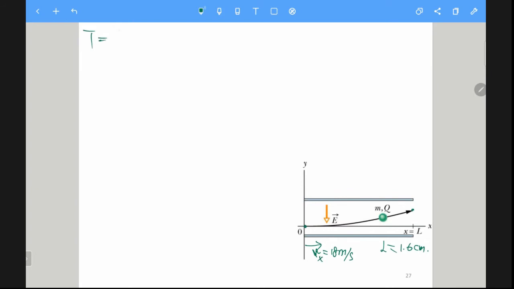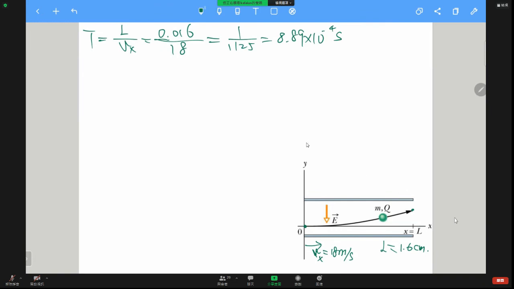This is L over Vx. And don't forget to convert it to the SI unit, which is meter, not centimeter. So 1.6 centimeter is 0.016 meter, over 18 meter per second. This is 1 over 1125, which is 8.89 times 10 to the minus 4 seconds.